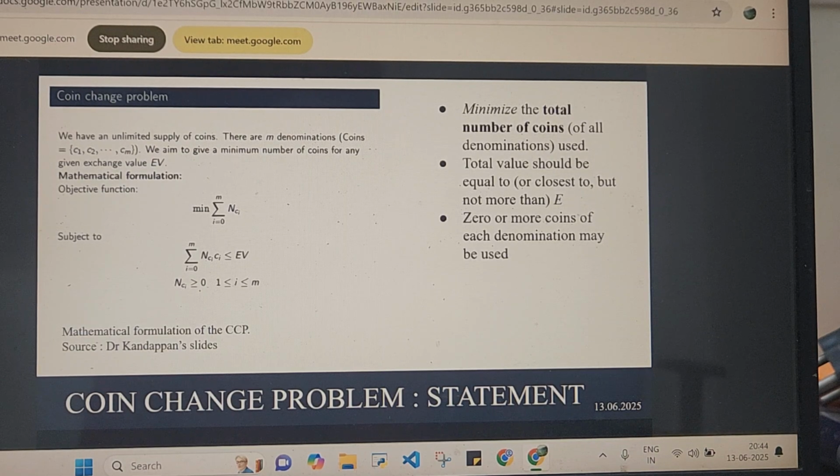Your exchange value is an odd number and you don't have a 1, 3, 5 anything in your denomination, so the closest you can get is a 20. That is why we have a less than equal to here. So to summarize, coin change problem is you have some denominations, you have a target value, you have to make up that target value using these denominations with the minimum number of coins possible. That is the problem statement.